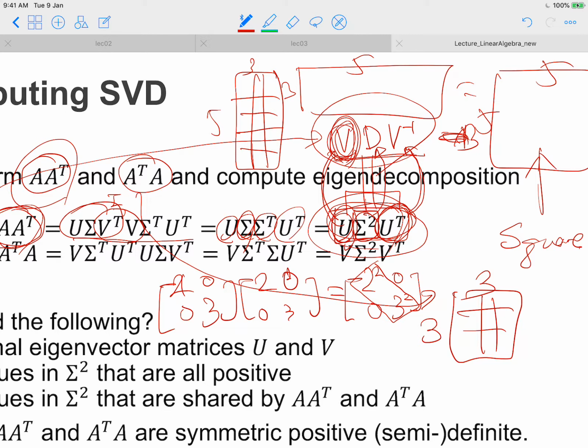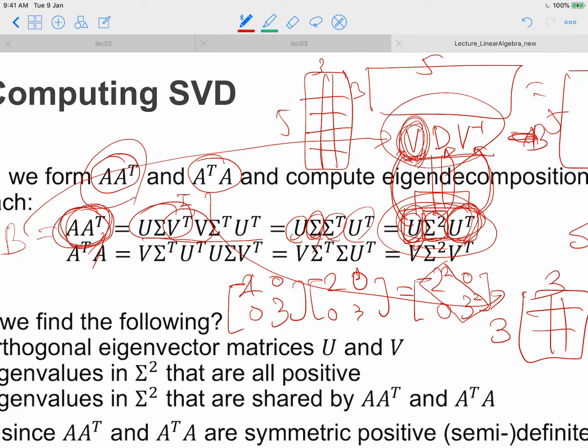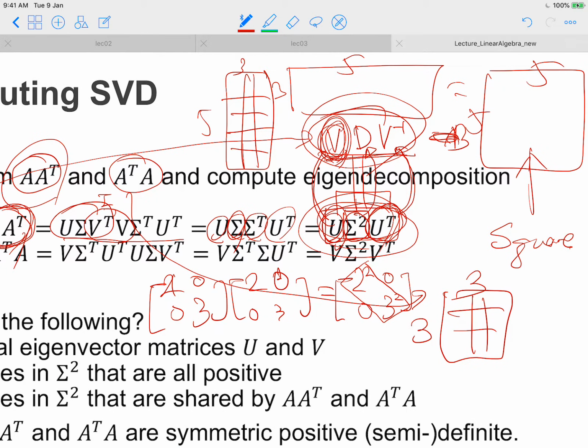So how we compute this singular value decomposition is we first compute this A A transpose and then perform the eigendecomposition, and although we haven't proved it yet, it is guaranteed to have an eigendecomposition having this form, right?